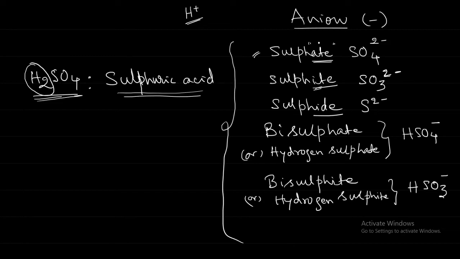So sulfate, SO4 2 minus; sulfite, ite means a bit less, SO3 2 minus; sulfide, ide means died, something like that. Remove the oxygen altogether, so S2 minus, sulfide.